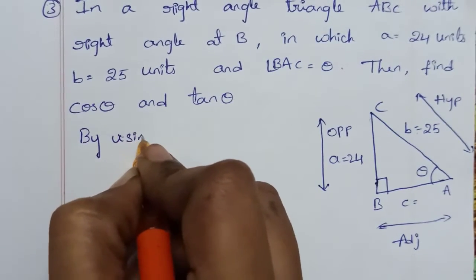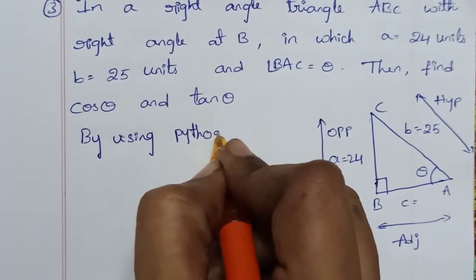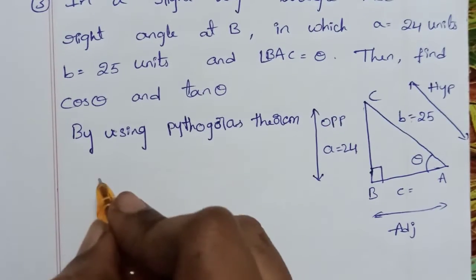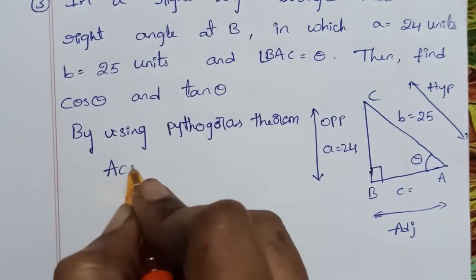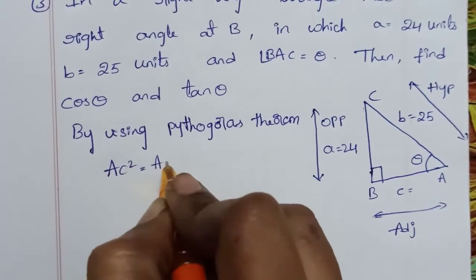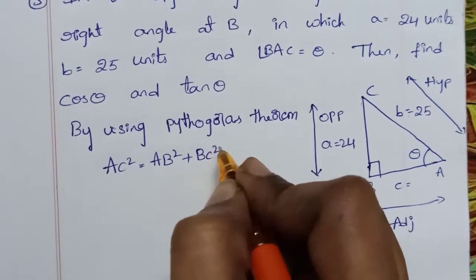By using Pythagoras theorem, AC square is equal to AB square plus BC square.